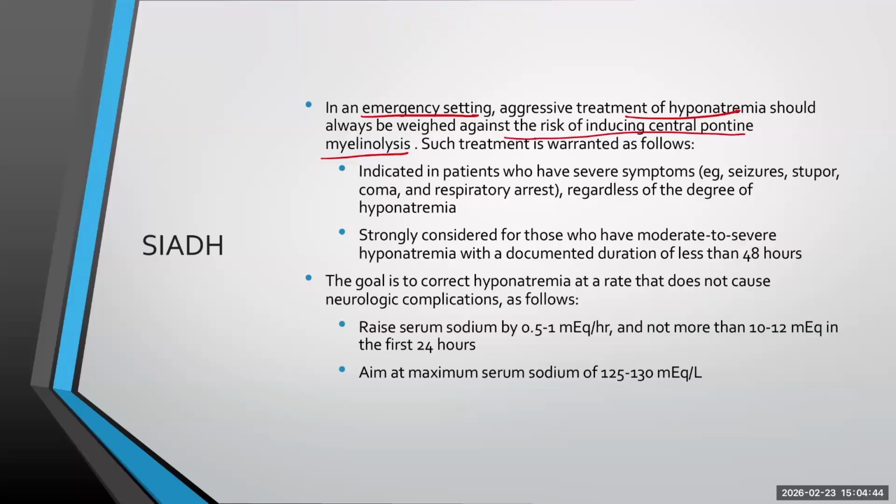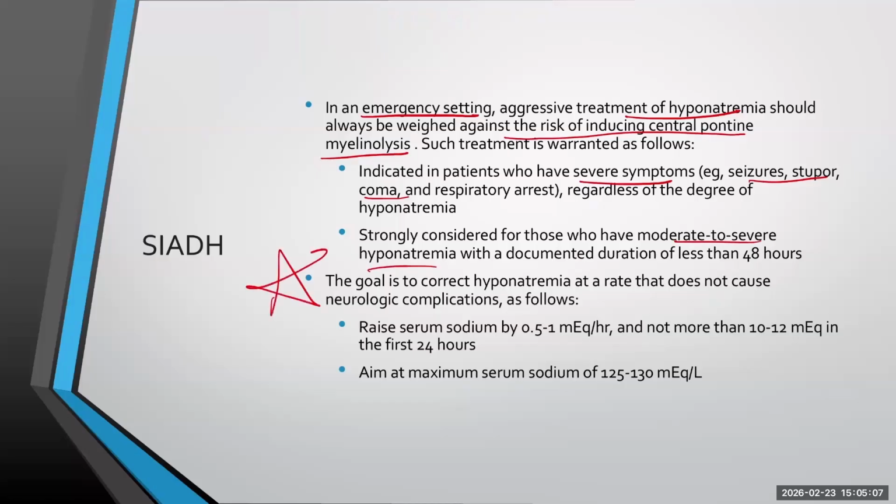So treatment, if they have severe symptoms, seizures, stupor, coma, regardless of the degree of hyponatremia, they're having neurological problems from the alteration in the sodium. You have to treat it. And anyone with moderate to severe hyponatremia, less than 48 hours.